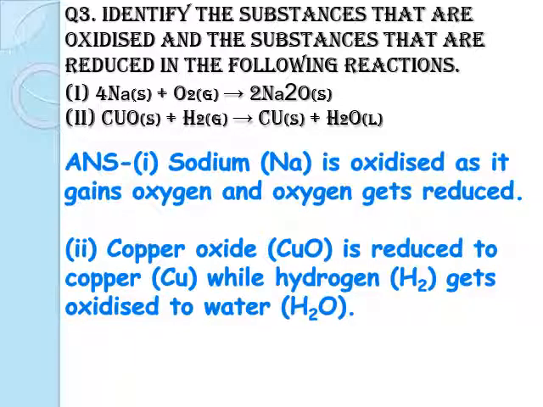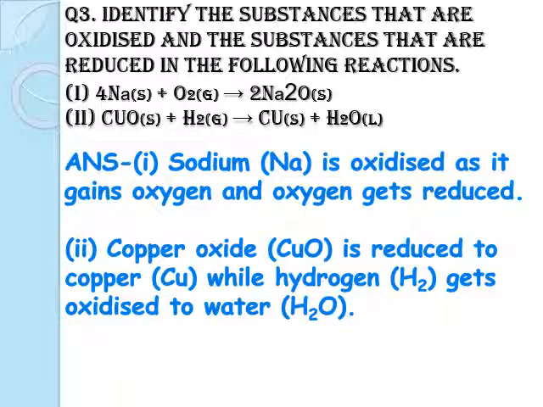Now, in this question, identify the substances that are oxidized and the substances that are reduced in the following reactions. You can see sodium plus oxygen gives sodium oxide, and copper oxide plus hydrogen gives copper and water. In the first case, sodium gets oxidized because it is combining with oxygen, and gain of oxygen is known as oxidation, and oxygen is getting reduced.